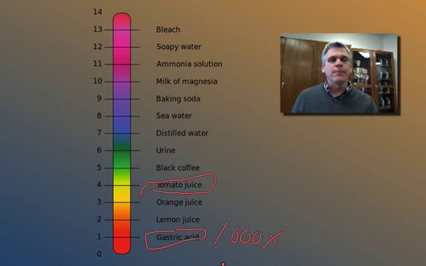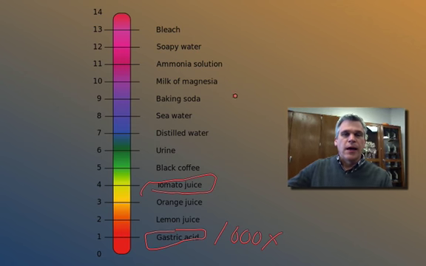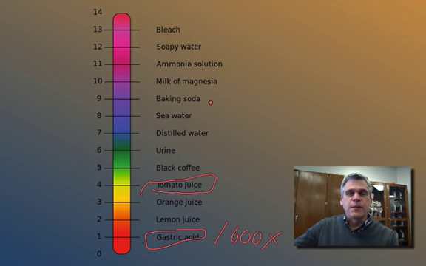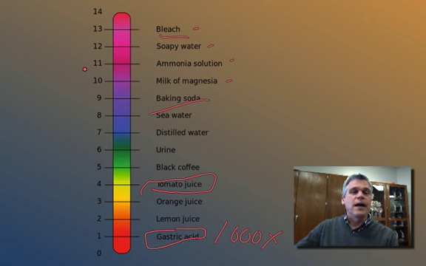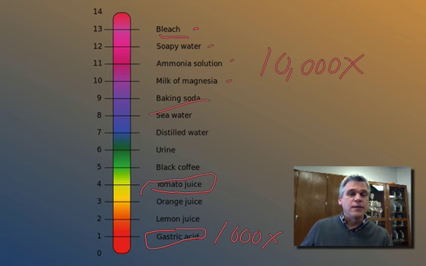And the same thing happens with bases. Baking soda has a pH of 9. If we compare that to bleach, it is 1, 2, 3, 4 numbers higher on the pH scale, which means that the bleach is 10,000 times stronger base than the baking soda.